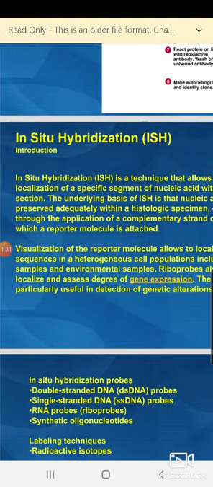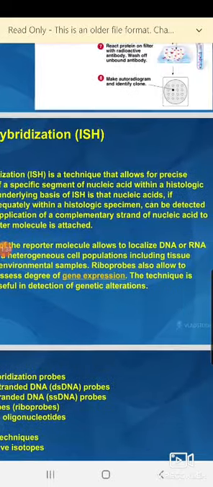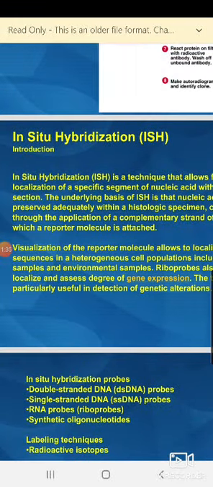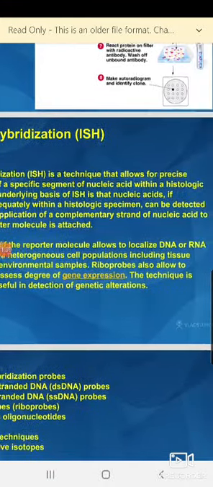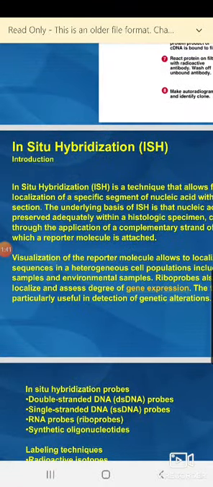In situ hybridization is a technique that allows for precise localization of a specific segment of nucleic acid within a histological section. That means within a tissue, okay? So where inside the tissue, inside the cell, exactly the DNA is present and whether it is expressing or not, you can detect.